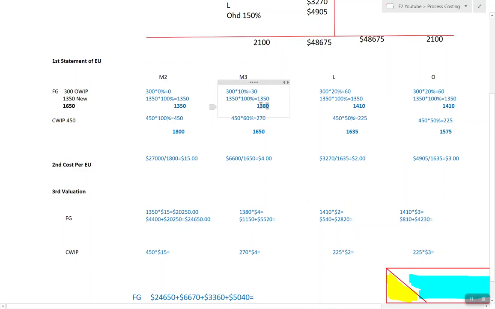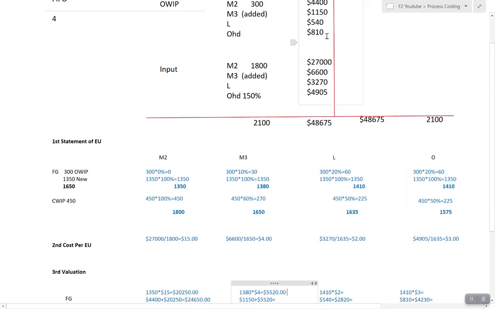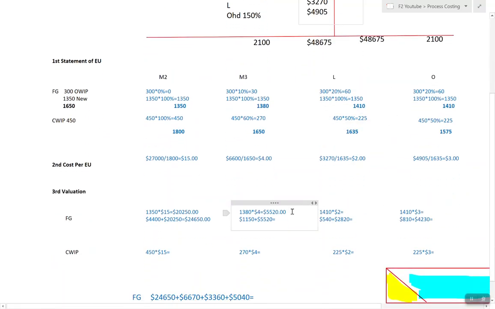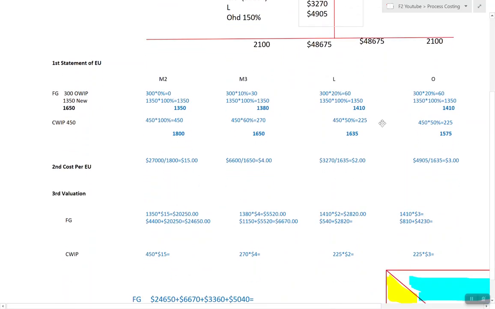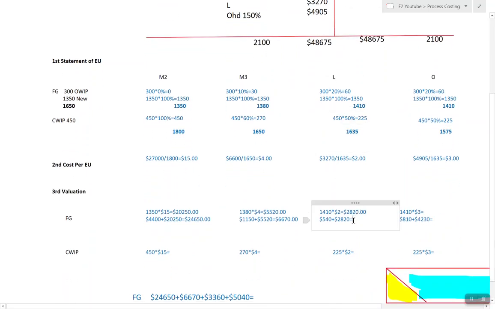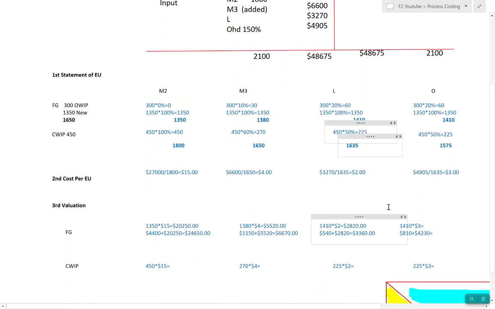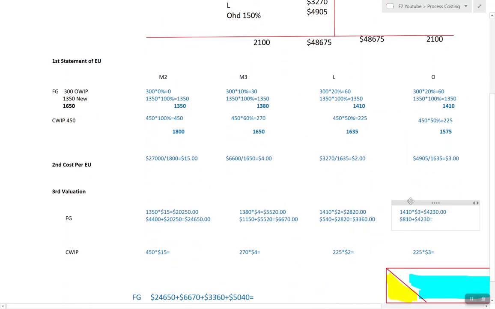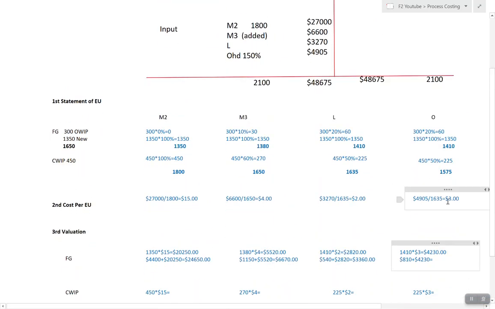We do the same, 1380 multiplied by 4, 5,520, and then we add the opening cost with it. So we have kept it separate, and then at the end we have added it to the finished goods. Labor and overheads.